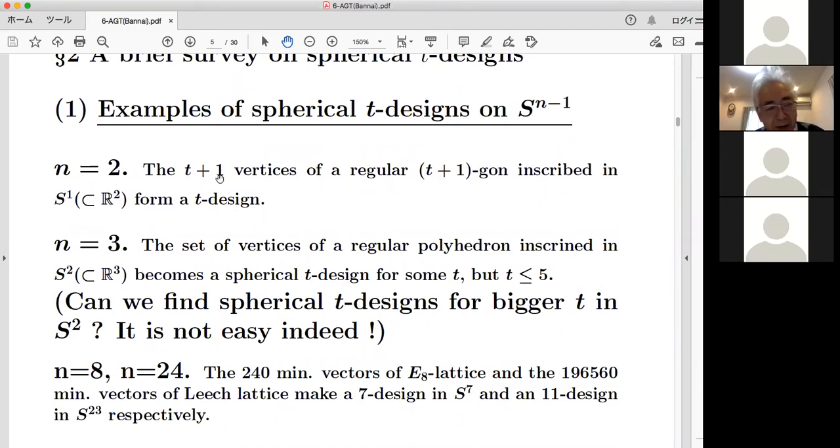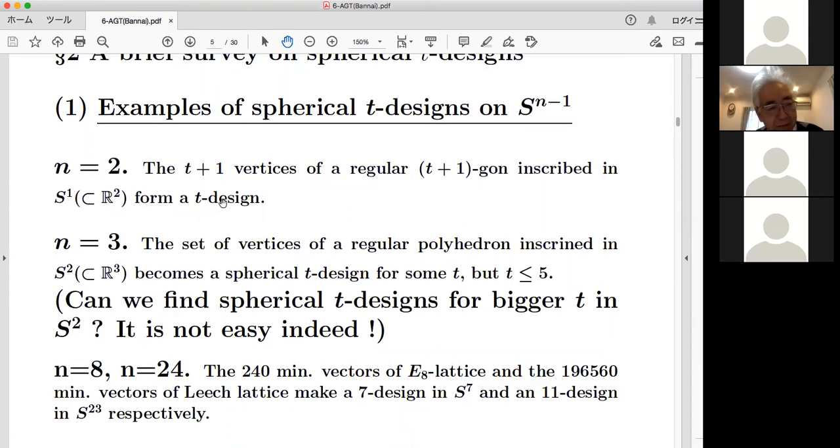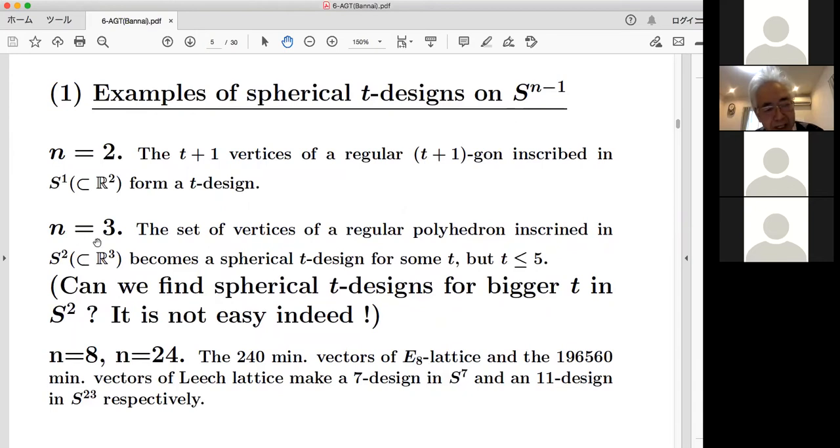Then the t+1 vertices of a regular (t+1)-gon inscribed in a unit circle form a t-design. And for n equals 3, the set of vertices of a regular polyhedron inscribed in S^2 becomes a spherical t-design for some t. But we have only 5 Platonic solids, and t is bounded by 5 for these regular polyhedra.